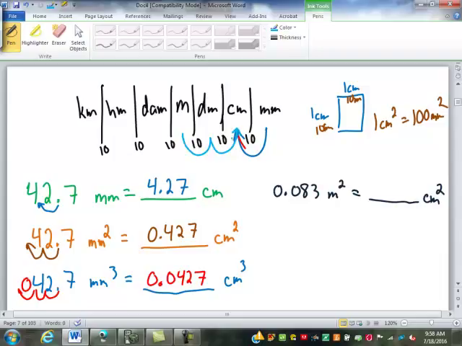Careful. Because it's not meters and centimeters, it's meters squared, right? Since it's squared, each position on the chart is 2 decimal places. So 2 spots on the chart is going to be 2 times 2 or 4 decimal places. 1, 2, 3, add a 0 to make it 4. That is 830.